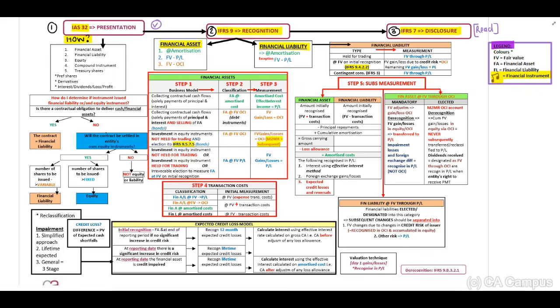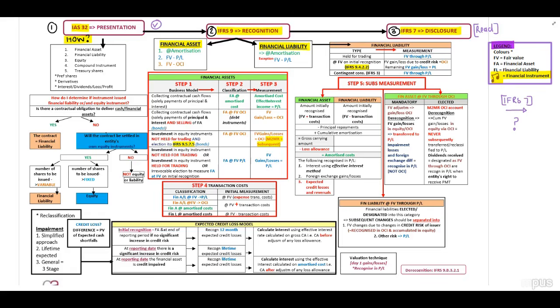Why? When a requirement indicates to you to disclose in terms of IFRS 7, immediately you can open IFRS 7 and you should be able to briefly read through the requirements of what should be disclosed. I'm going to focus on our presentation and recognition in this lecture.